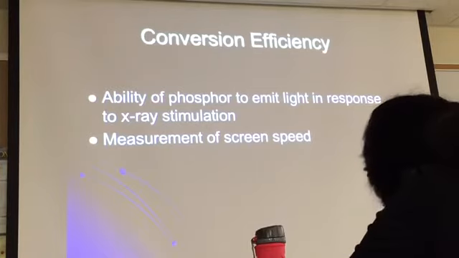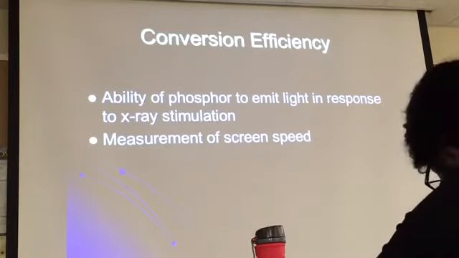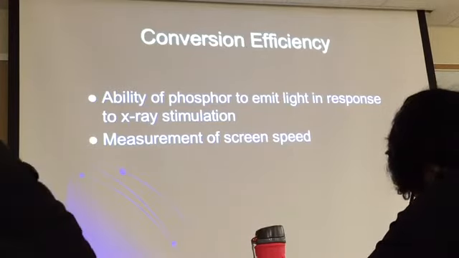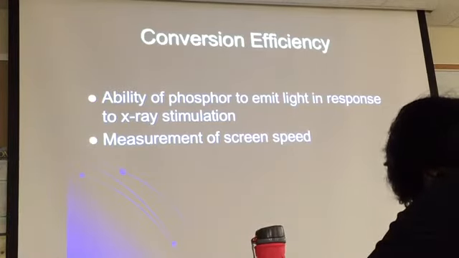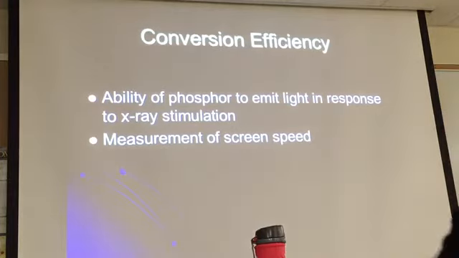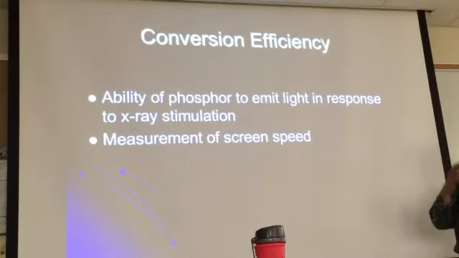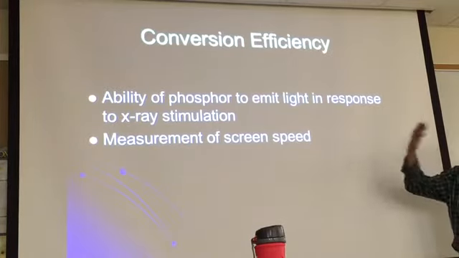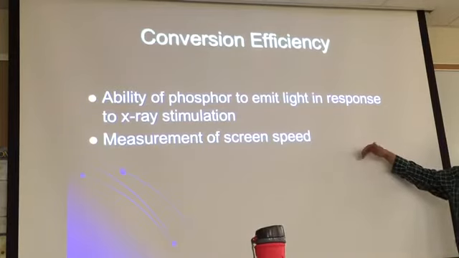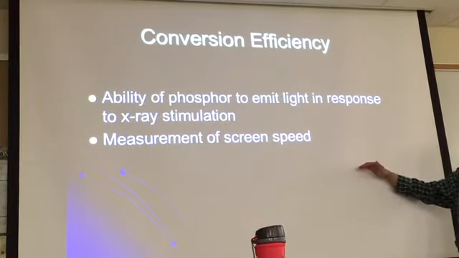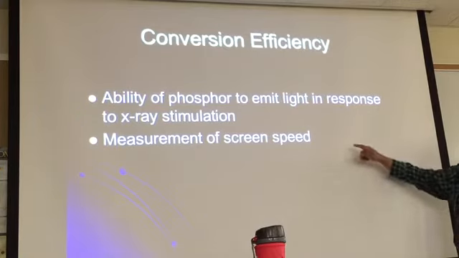Screen speed is the ability of a phosphor to convert X-ray energy into light energy. So there is a measurement, because you're not using the same elements, and you're using different combinations and amounts of phosphor. Some screens are said to be high speed, some screens are said to be low speed. That's what screen speed refers to.